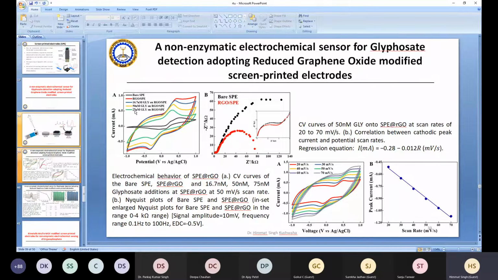And when glyphosate pesticide is added in the electrolyte, a significant peak shift appears, and with the change in concentration, this peak changes over a particular potential. So it provides a signal: by changing the concentration of glyphosate, we can detect it by this current signal.